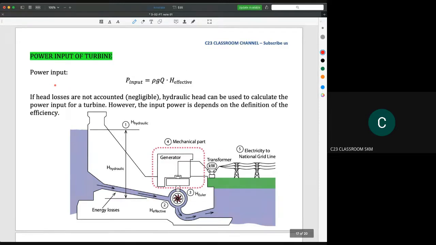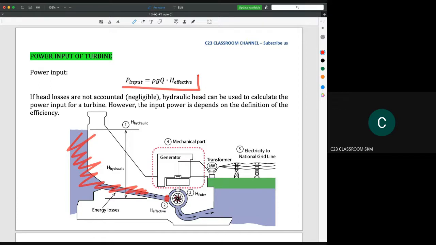And then we go for the power input. Okay, so normally what happens outside here is actually not counted, not so important. The important one is what happens at the beginning of the turbine, because this is the main important point to rotate a turbine. So we will have the power input, and the power input can be calculated as this one.